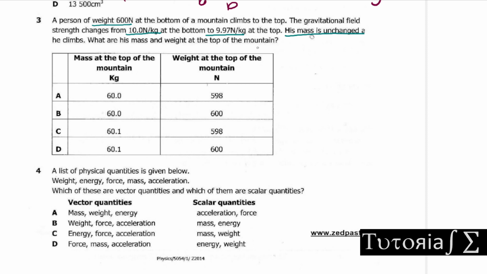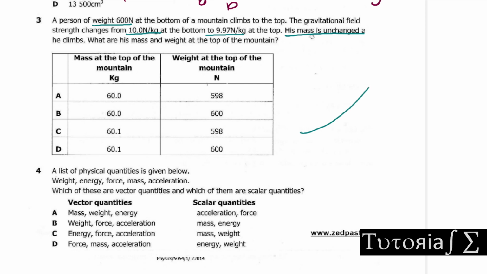Mass here on Earth is the same mass on Mars, it's the same on Pluto. Your mass will never change, but your weight changes. You have to keep that in mind. What are his mass and weight at the top of the mountain?